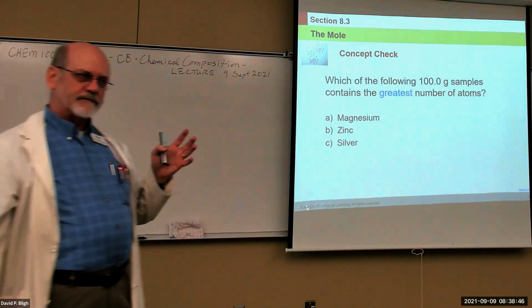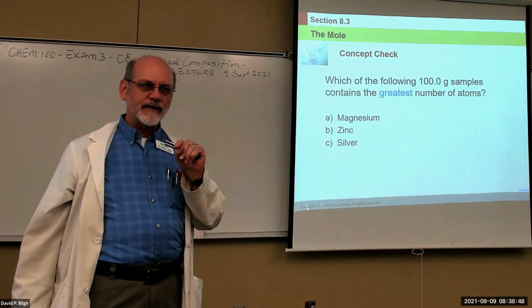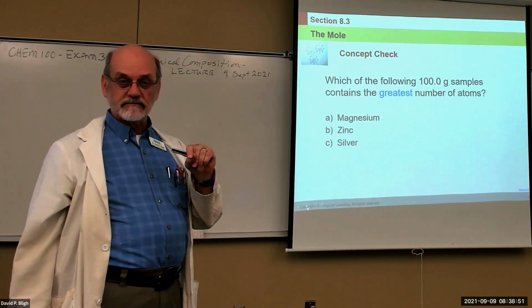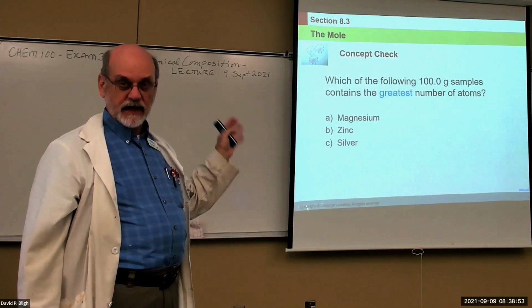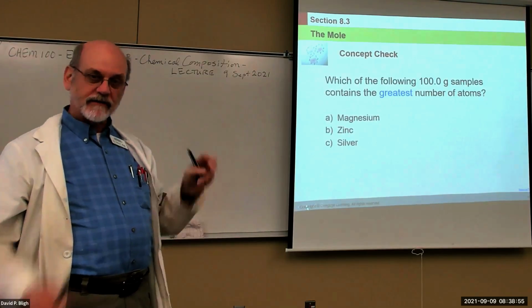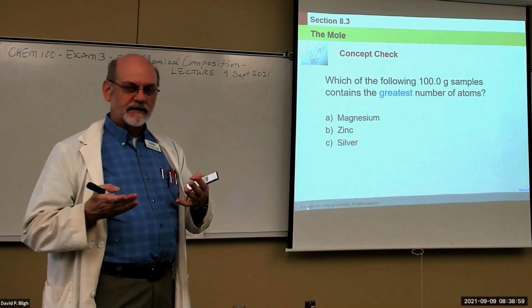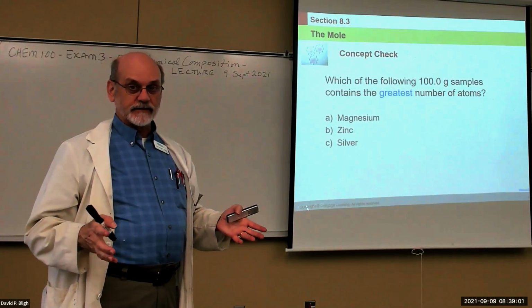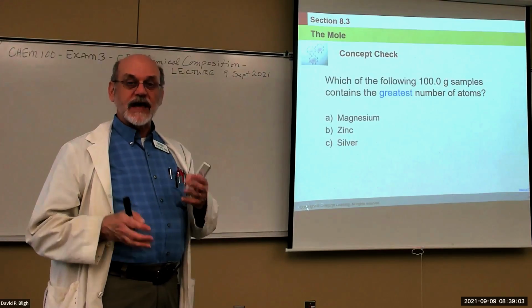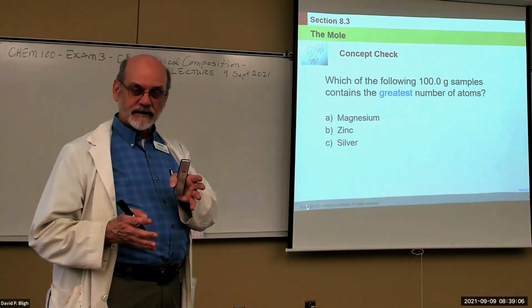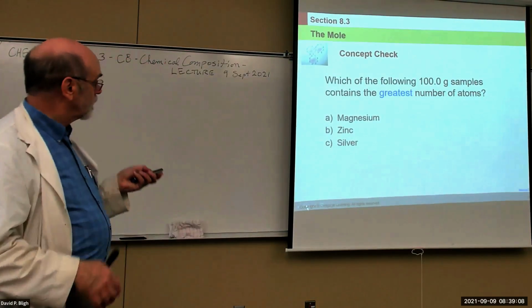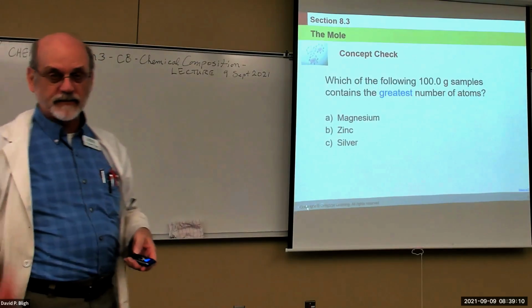Now consider this. Suppose you have a 100-gram sample of each one of these elements: magnesium, zinc, and silver. You have equal masses. So what's the first thing that comes to mind? They're not the same number of atoms, because each atom has a different mass. So the question is, which one has the greatest number of atoms?